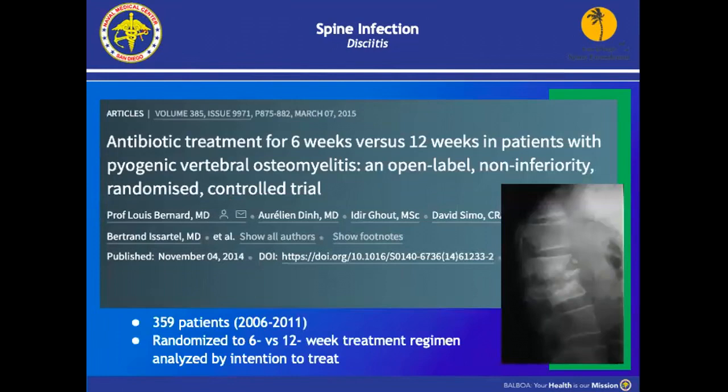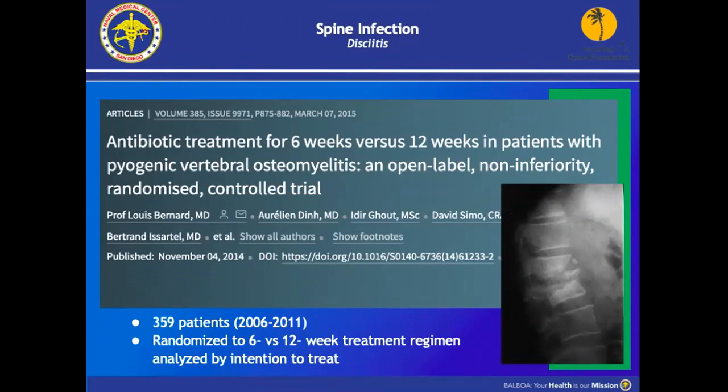Not a lot of specific literature on this disease process by name, but this is one of the landmark-ish randomized controlled trials that came out in 2014 from Bernard et al. They looked specifically at duration of treatment for patients with the spondylitis discitis component of PVO.